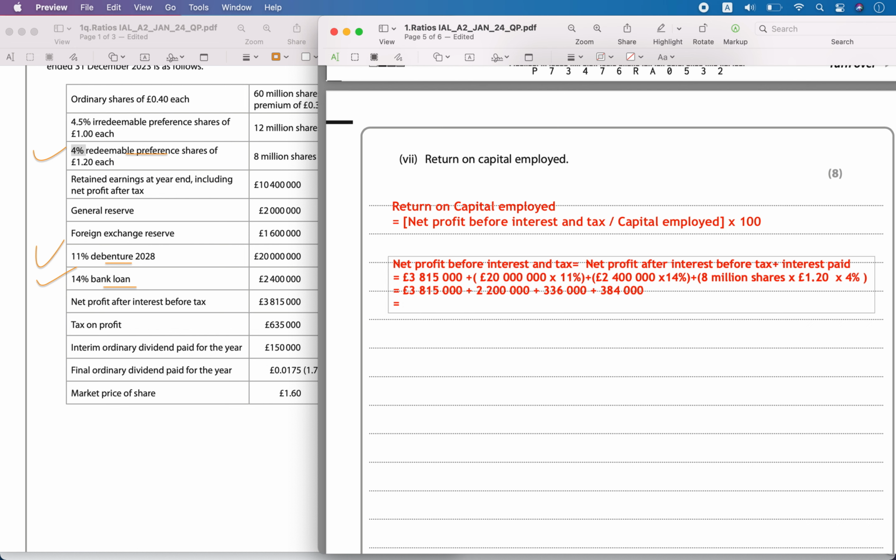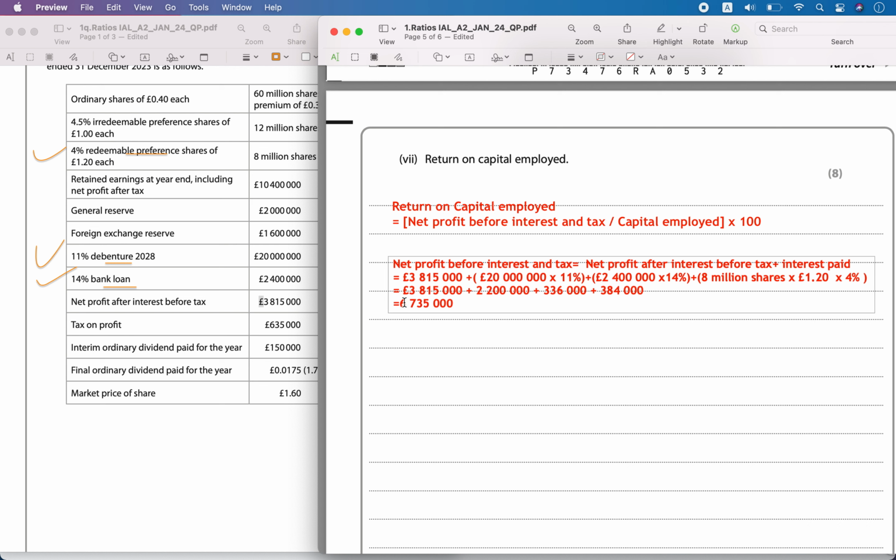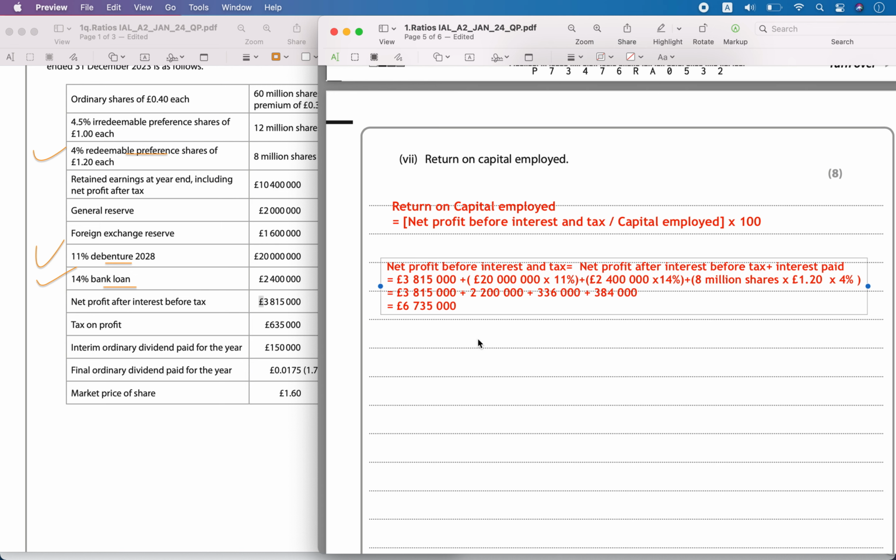So the entire thing when you add up, you will get 6,735,000. So this was the net profit before the interest and before any tax was paid.